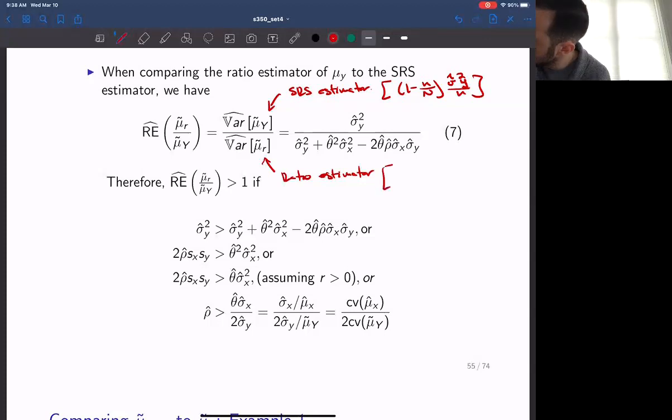And then the ratio estimator has a similar form. So we have this leading 1 over mu x squared term, and then we have sigma hat ratio over little n.